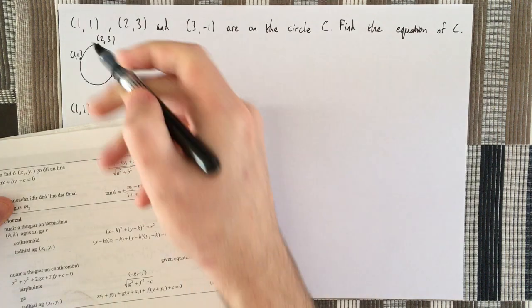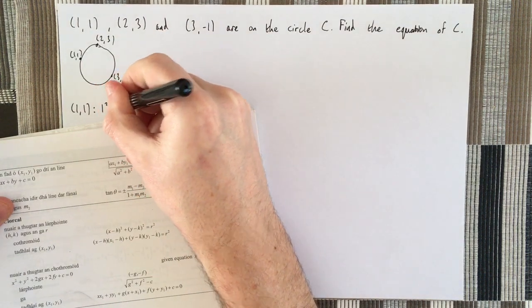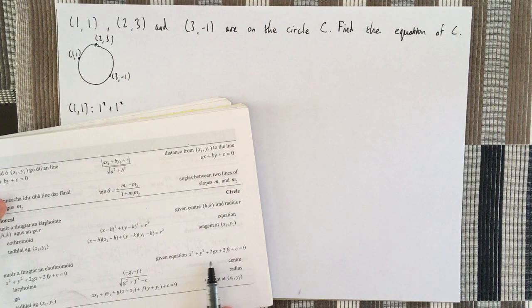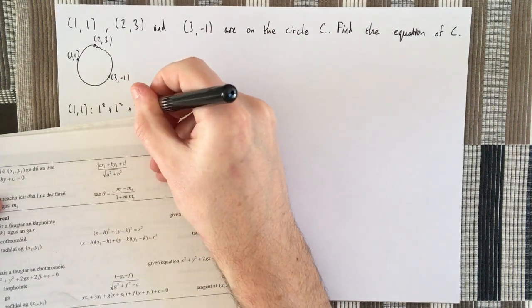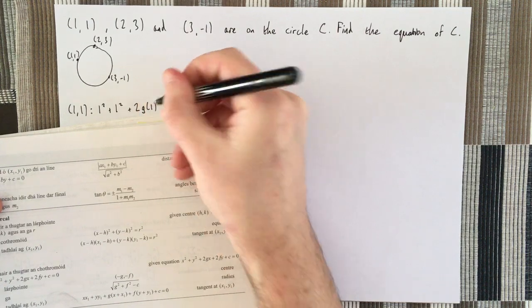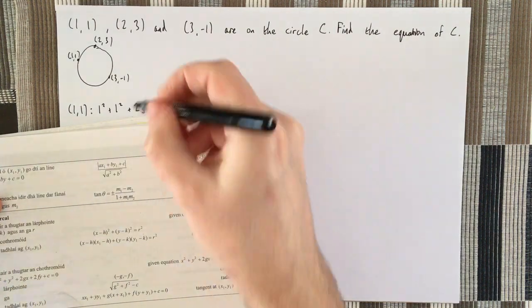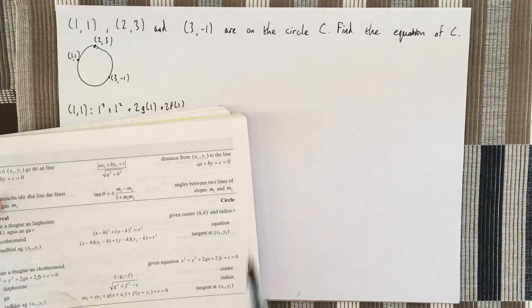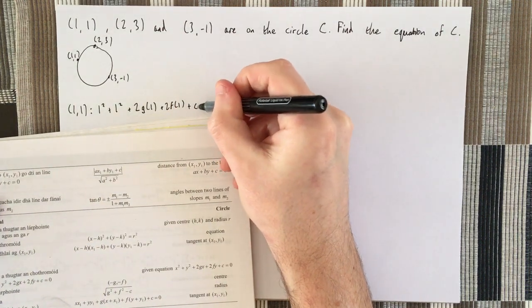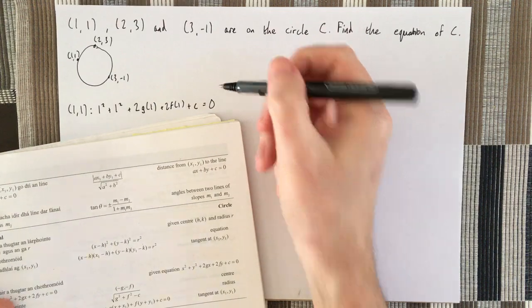So x squared plus y squared is going to be 1 squared plus 1 squared plus 2gx. So that's plus 2g times 1 plus 2fy, so plus 2f times 1 plus c, I don't know, is equal to 0.